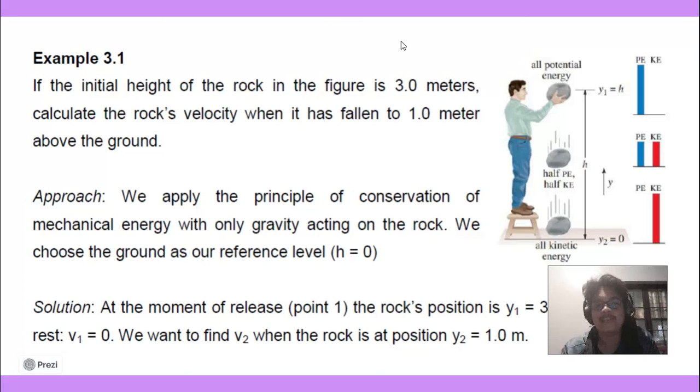It fell and fell, and at a certain level, 1 meter, the question is, how fast is it? It will have speed because its potential energy from 3 meters down to 1 meter has been converted into kinetic energy, which is the same as a certain velocity, or the speed of falling. Which is, as we said, proportional to the square of the velocity.